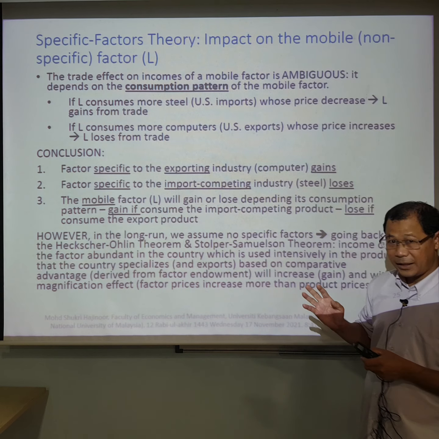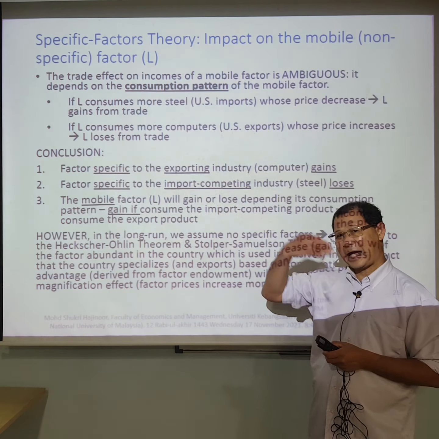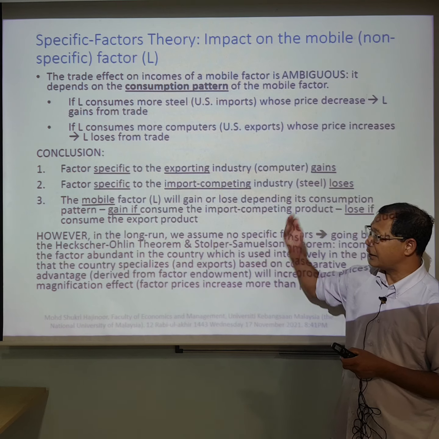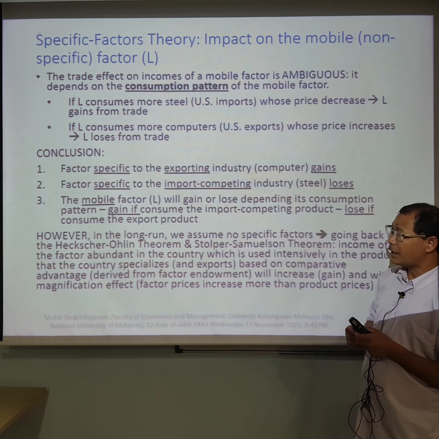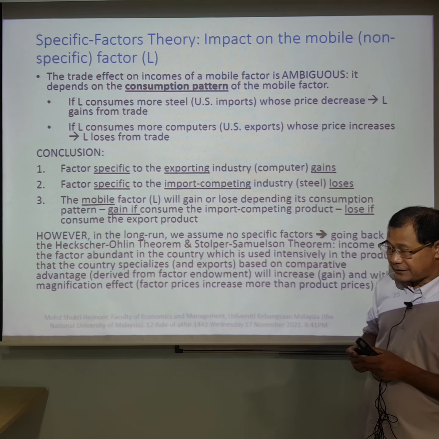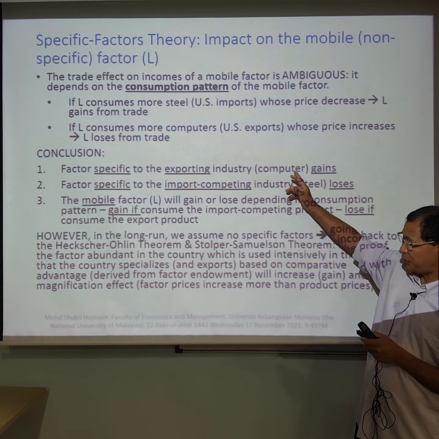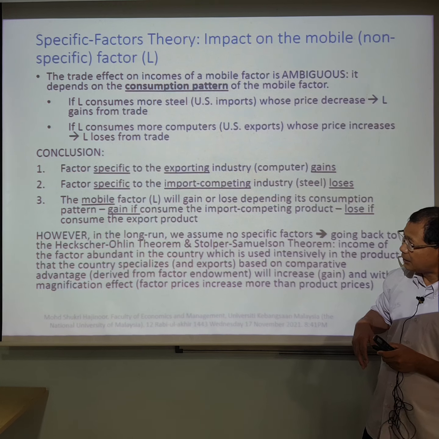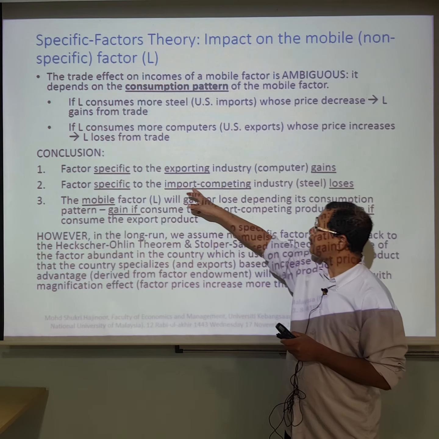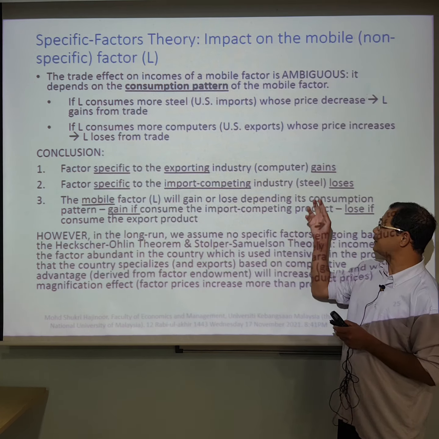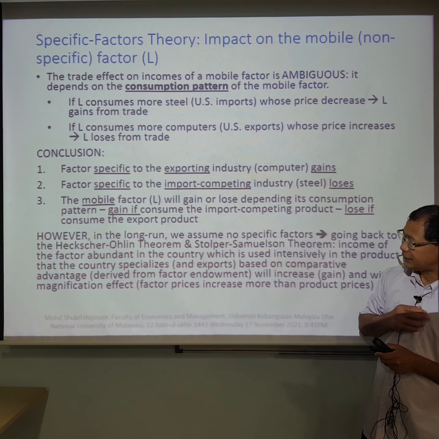So we've done both for the capital and for the labor. Now, the conclusion is that the factor specific to the exporting industry, computers in this case, gains, whereas the factor specific to the import-competing industry, which is steel in this case, loses.